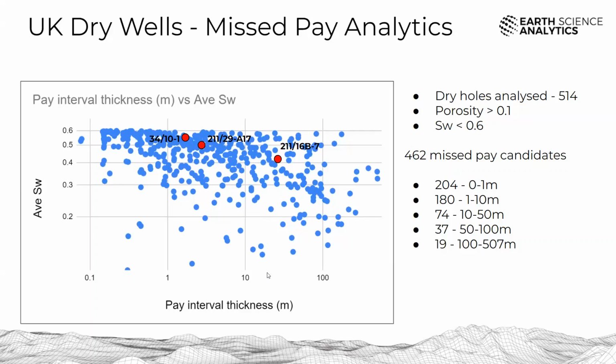It's got to make geological sense fundamentally. But also we see there is no unique solution here. We can have a 1 meter pay interval, which will lead to a 100 million barrel discovery up dip. Or as I showed in the 21116 B7 well, you can have a potential pay zone of 50 meters, for example.